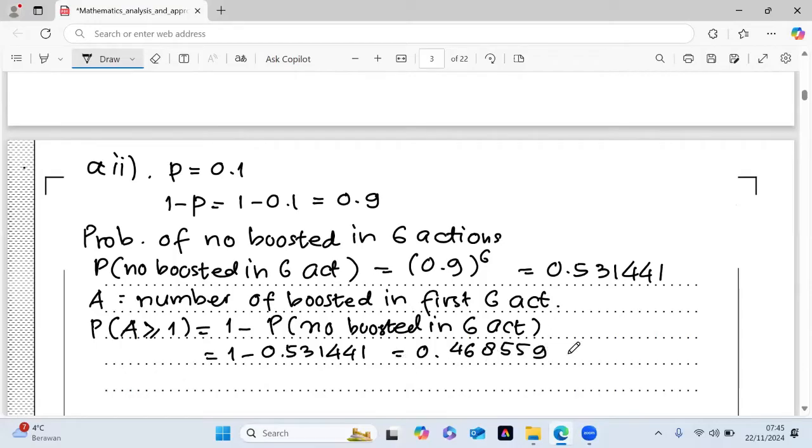Or you may round it to 0.4686, or in percentage, that's 46.86%.